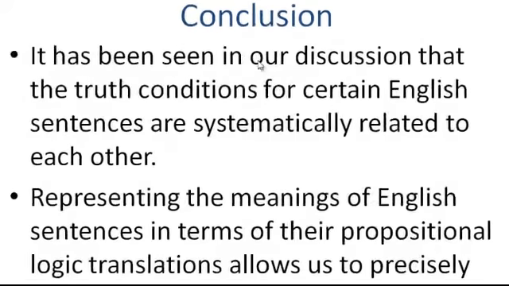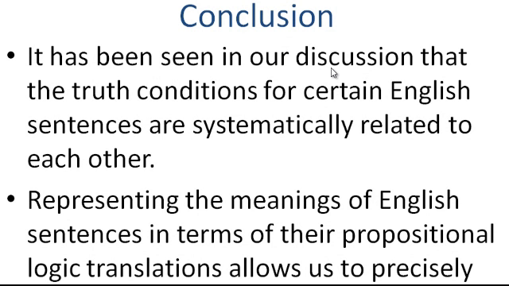So, in conclusion, it has been seen in our discussion that the truth conditions for certain English sentences are systematically related to each other. Okay? Especially when we were looking at paraphrases. The truth condition implied in one sentence may also be the same truth condition implied in another, with paraphrases.